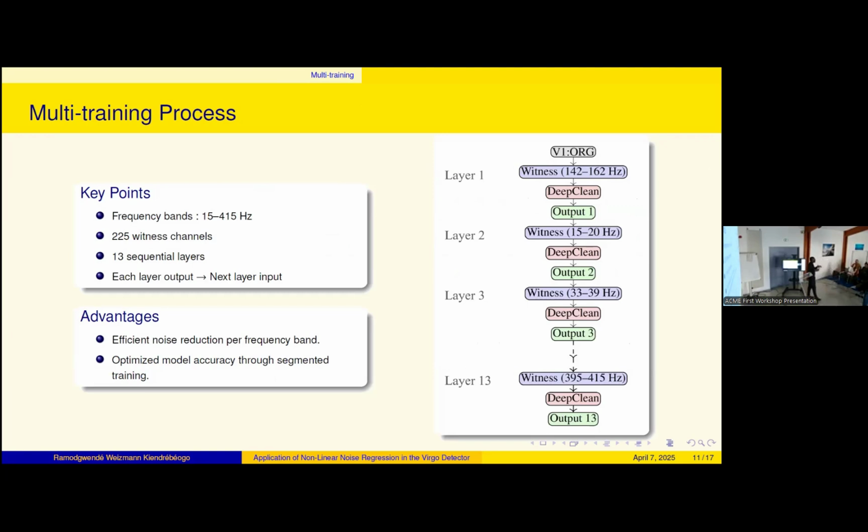The sequential layer here means training on a specific, smaller frequency band. In total, we use 13 layers. Once we train the first layer, the output of this layer becomes the input of the second layer, and so on until we train and clean all the layers.